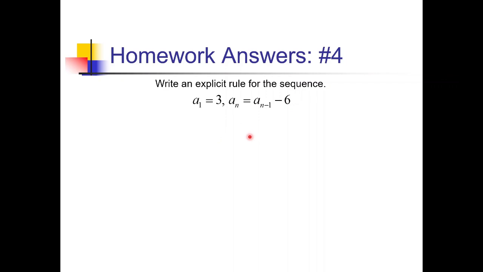For this problem, and the next two after this actually, we've got a recursive definition and we want to make it an explicit rule. So for this one, since we have a sub n minus 1 plus or minus a number, that is an arithmetic sequence. So my arithmetic explicit definition, we have a sub 1 plus d times n minus 1.